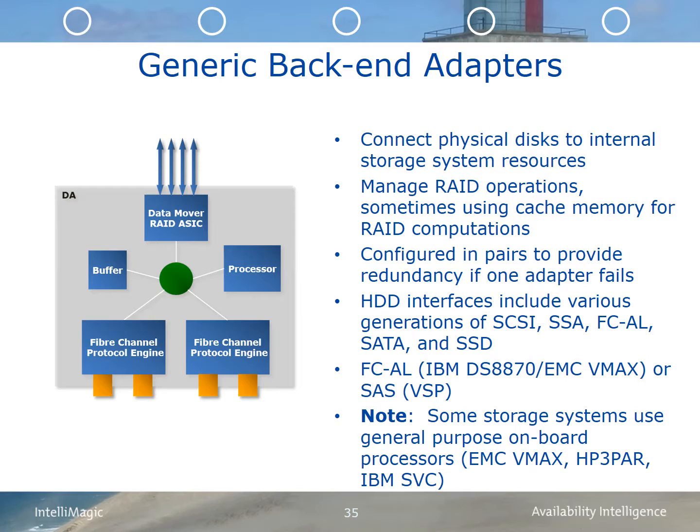Sometimes there's specialized processors, and there's usually some kind of cache and buffer for buffering the data in and out from the main cache. And then for connectivity to the back-end drives, usually they're either on SAS or fiber channel connections.